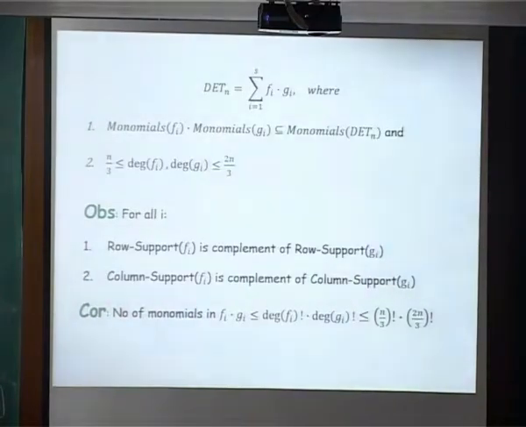Then all those monomials that you get must correspond to permutations in this submatrix. I'll leave it as an exercise. Again, if it was not a permutation, it would violate this condition, that you will have generated a monomial which does not occur in the determinant.